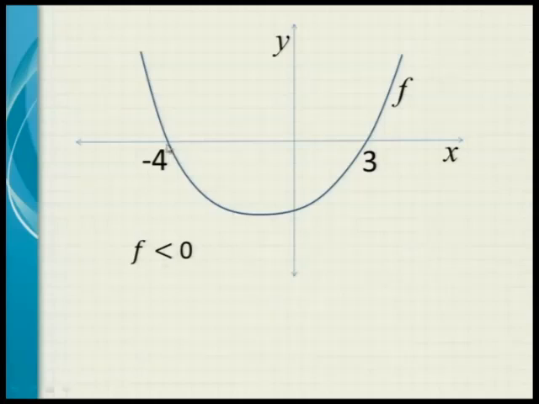It should be easy for you to say, oh, it's below the x-axis. That's where the y value is. Remember the yellow box, the y. I just don't write yellow, I just write y. The yellow box values is below the line. It's between minus 4 and 3. So x is between minus 4 and 3. x is greater than minus 4, less than 3. That area there, f will be less than 0.